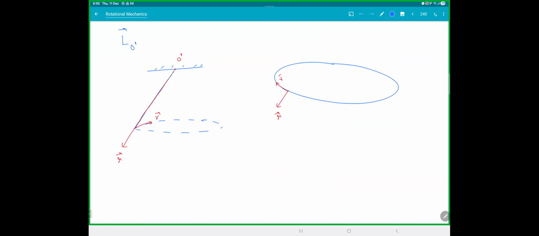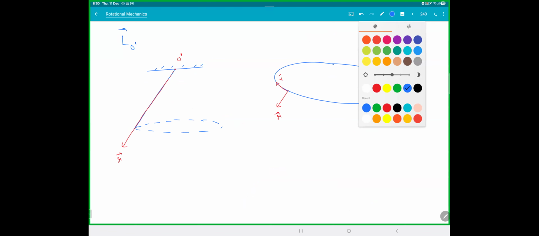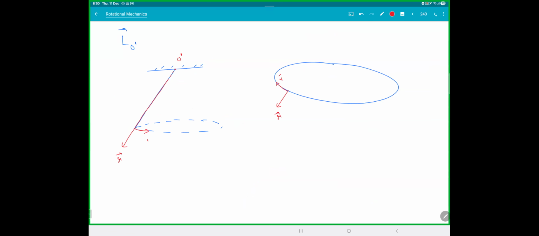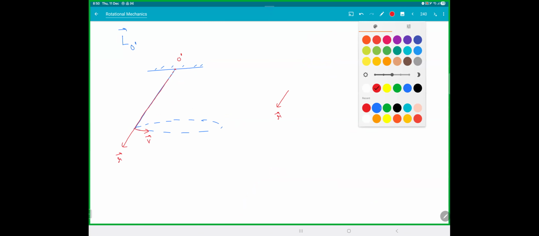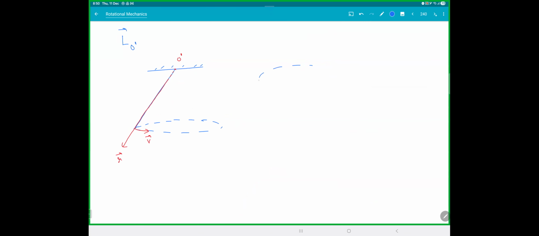Now here, velocity would be this way. This would be R bar, this would be V bar, this would be R bar, this is your V bar.